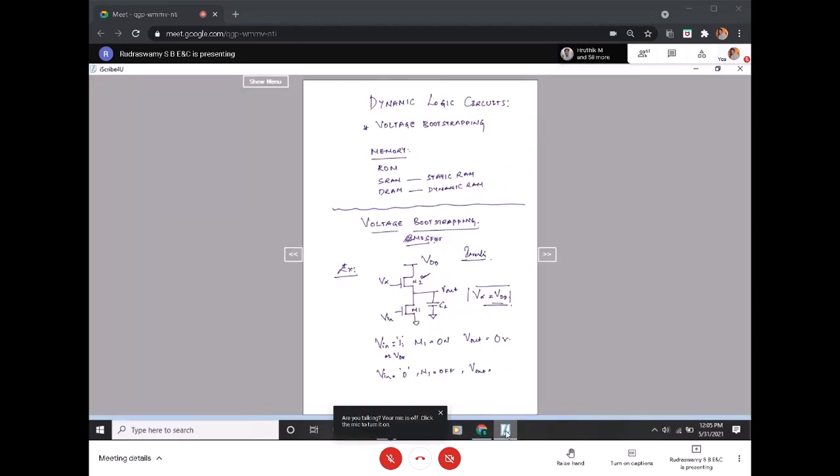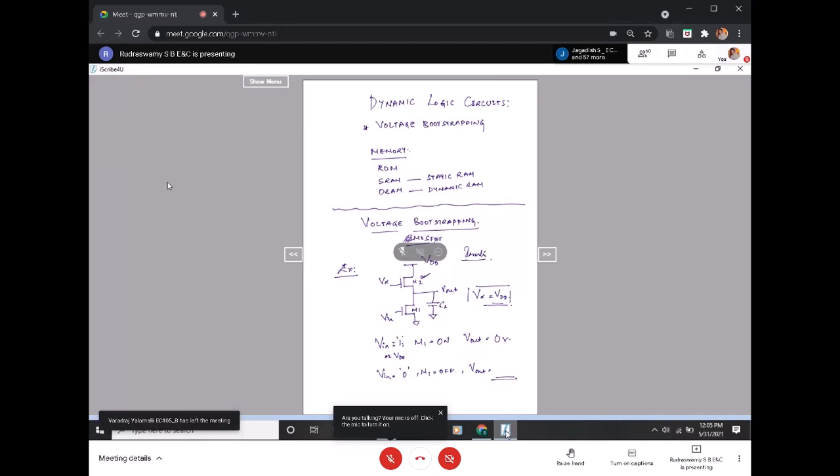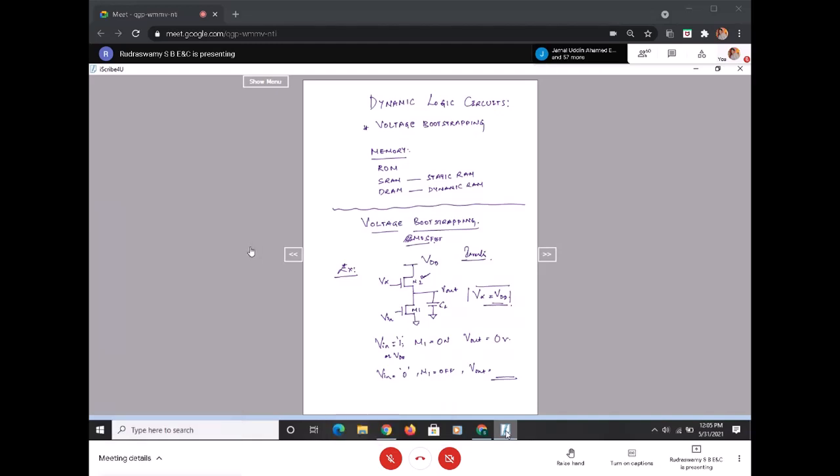Now can anyone tell me what is V out? When Vin is equal to 0, M1 is off, M2 is still on, and the gate voltage is at VDD. What will be the V out now?